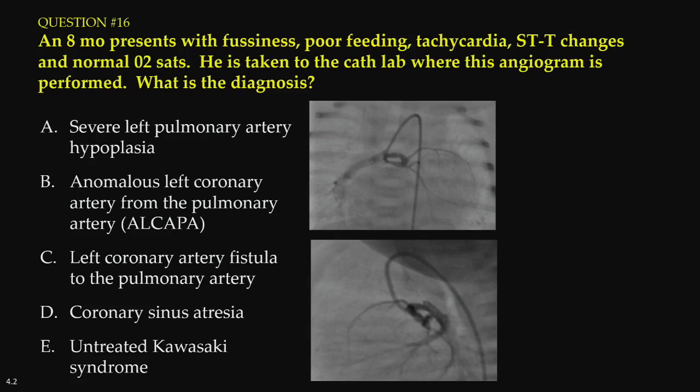Okay, and your options: is this severe left pulmonary artery hypoplasia? Is this ALCAPA? Is this left coronary artery fistula to the pulmonary artery, coronary sinus atresia, or untreated Kawasaki?